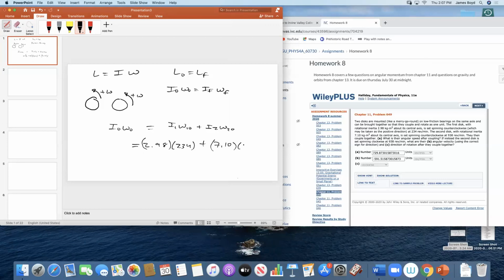The other disk is 7.10 and 938. Once we add all that, we want to find omega final. Omega final will be I initial, omega initial over I final. But our I final is the moment of inertia when both of the disks come together, so that's just I1 plus I2, which is 2.98 plus 7.10.